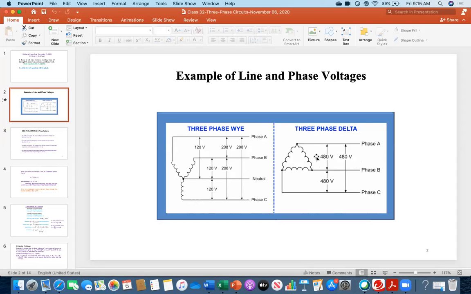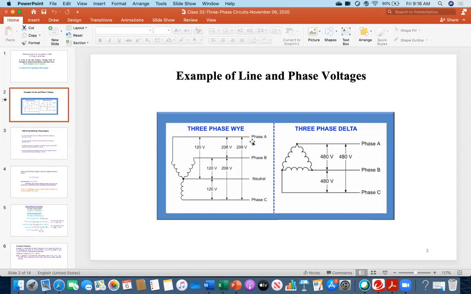Because of this structure, in this case the phase voltage and line-to-line voltage are the same in the case of the delta. Then similarly, in the case of the Y, see the phase current, the current flowing here, for example from this point to this point. If you add an ammeter here, the same current will flow. So in the case of the Y circuit, the phase current and line current are the same.